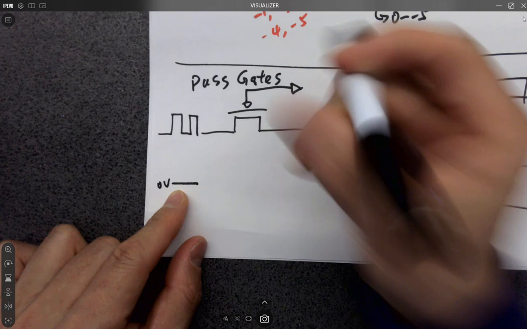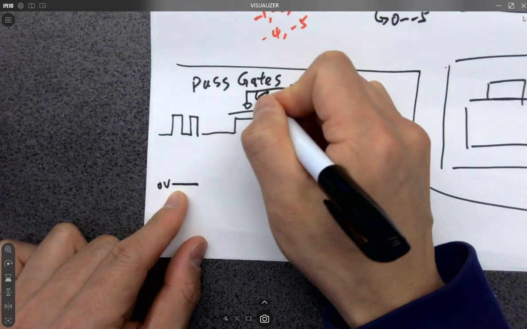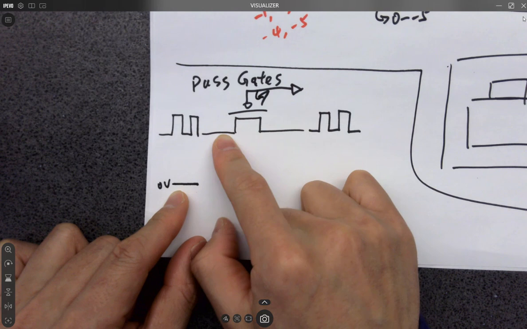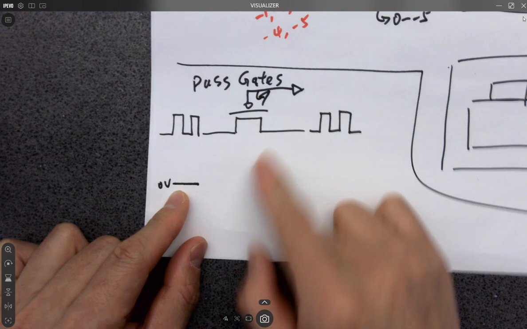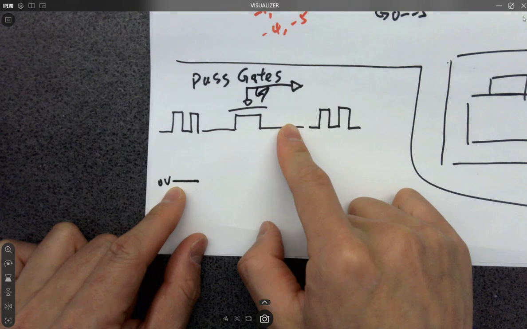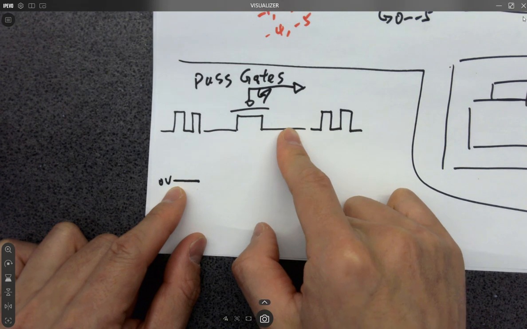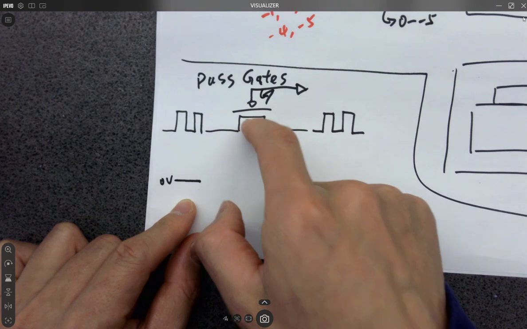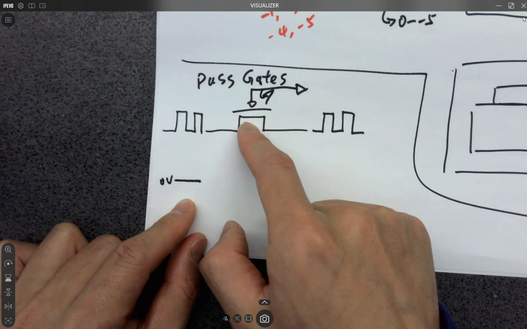This is G, right? If this becomes a source, for example, it doesn't matter, it could be here as well. So 0 volts cannot pass this PMOS to the other side because there's no drop. So this transistor is off. Does that make sense?